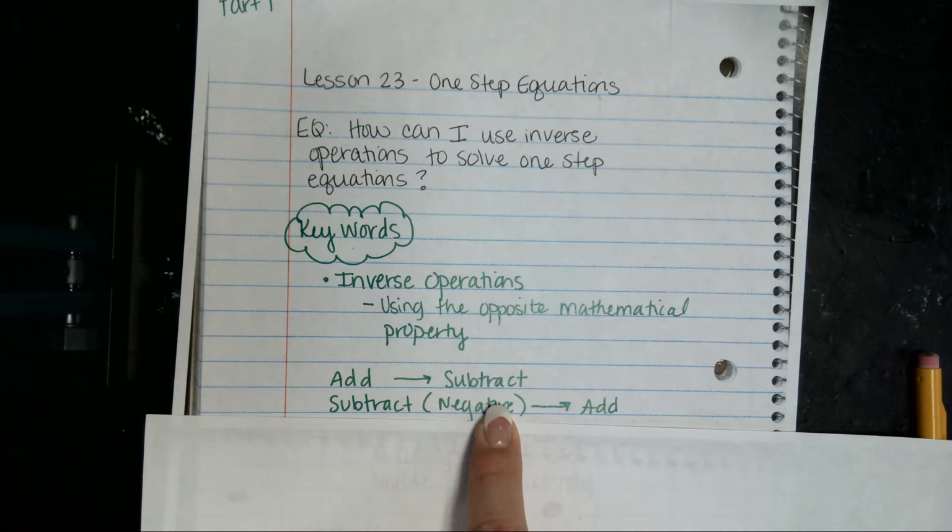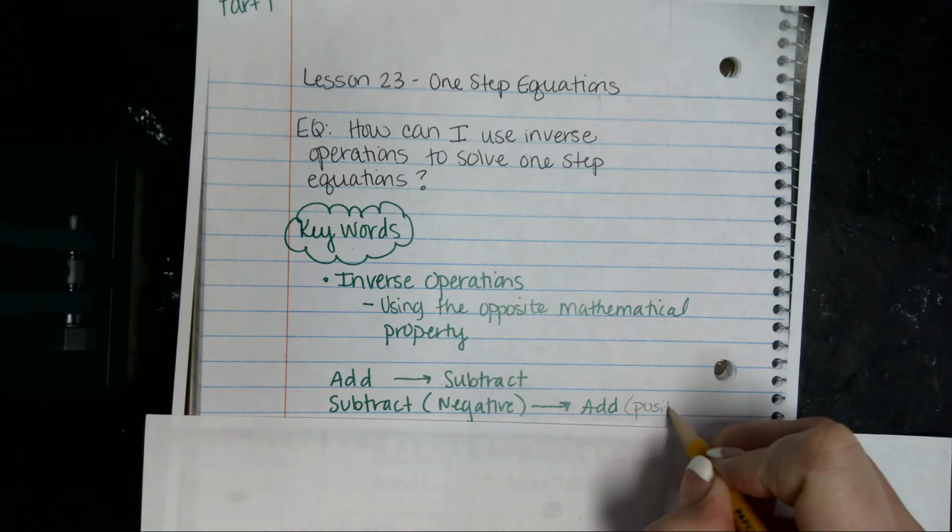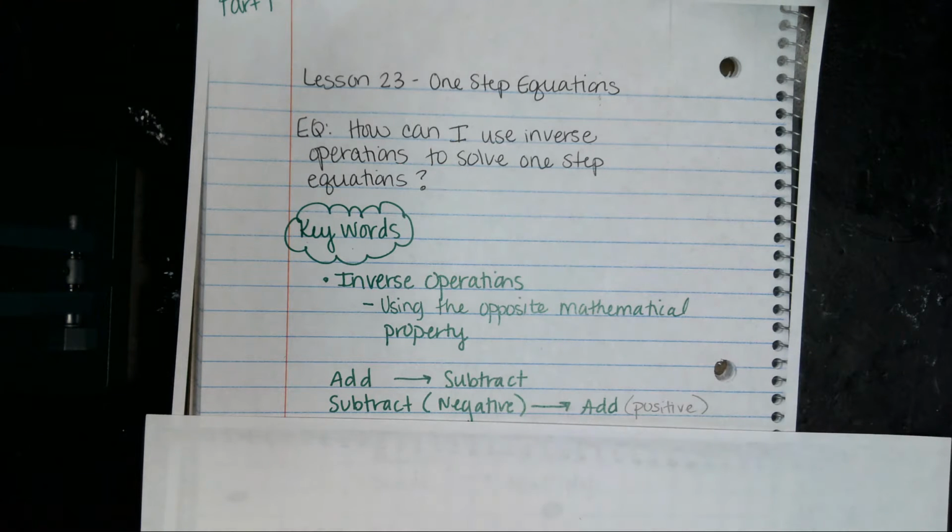My opposite of subtraction, or if I see a negative number, would be addition, or a positive number. I'm going to add that on here. Okay, so we're going to use the opposites to help us solve these problems.